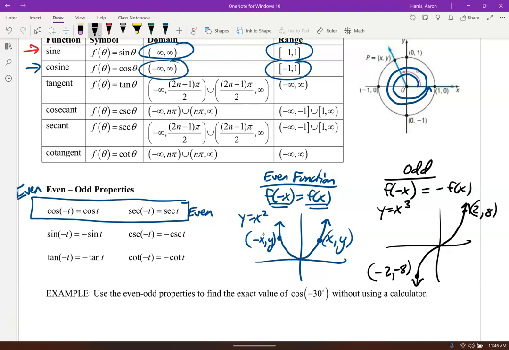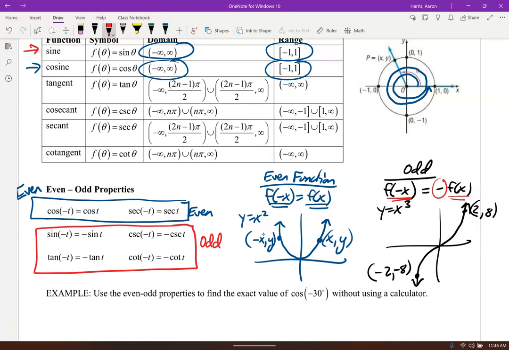In other words, if I plug in -2, it spits out the opposite of when I plugged in 2, so -8. F of -x equals -f of x. So these are odd functions.